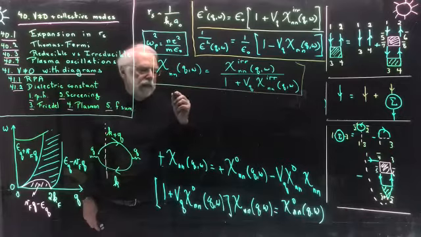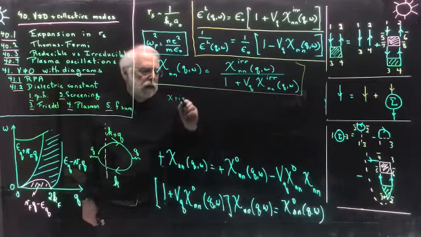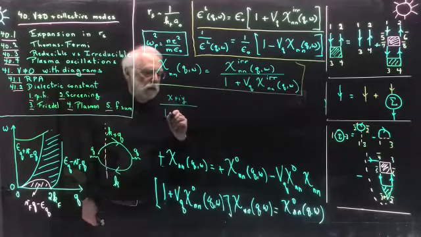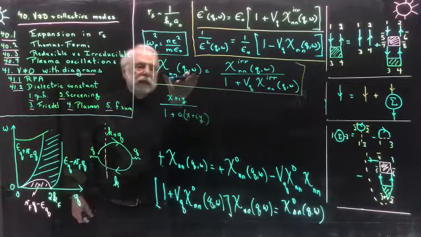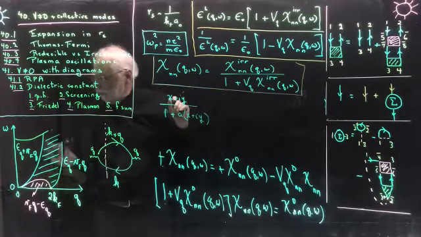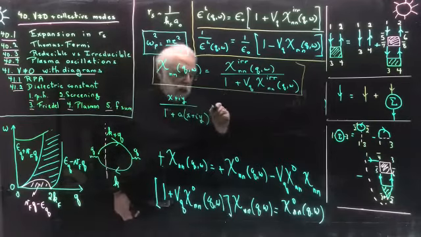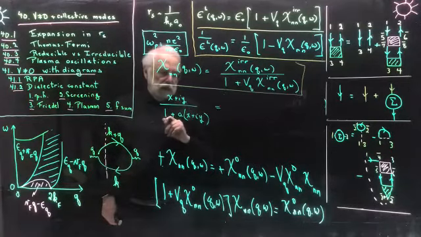Let's say that I have here, let me write this as x plus iy, and this is 1 plus a constant times x plus iy. So I want to take the imaginary part of this to see how it compares with what I had there. So the imaginary part of this is what?